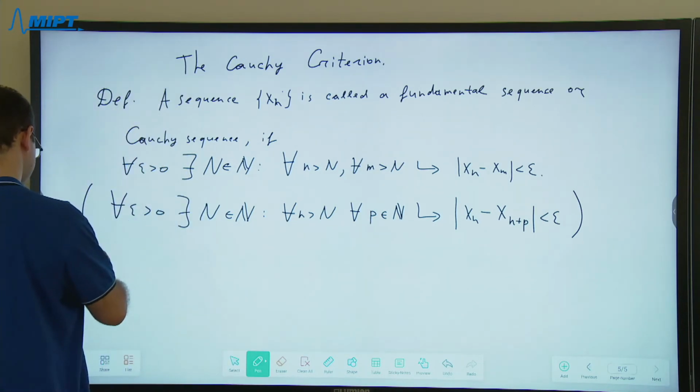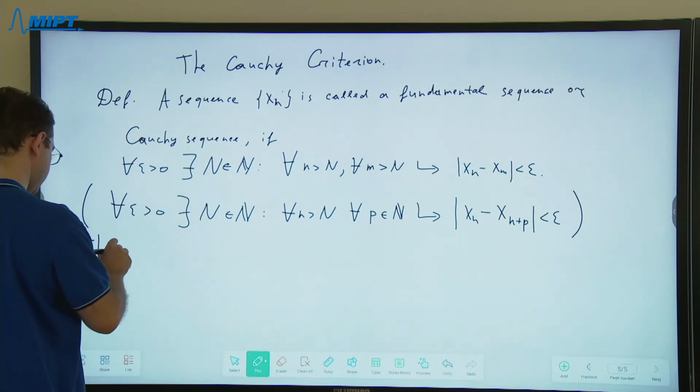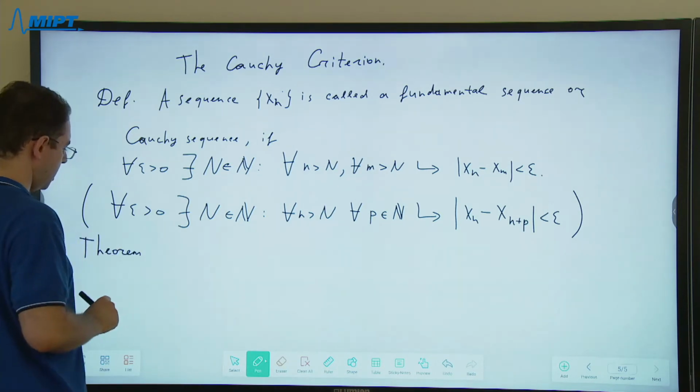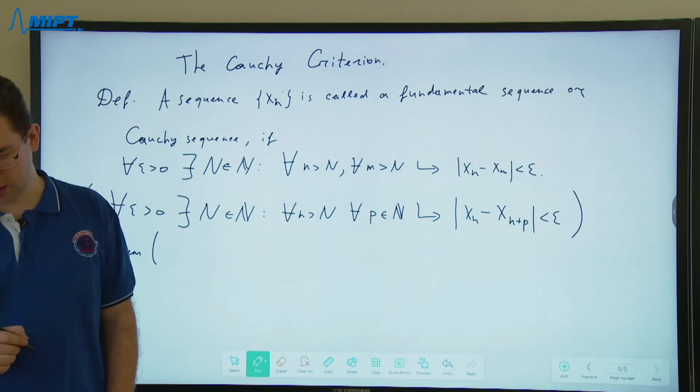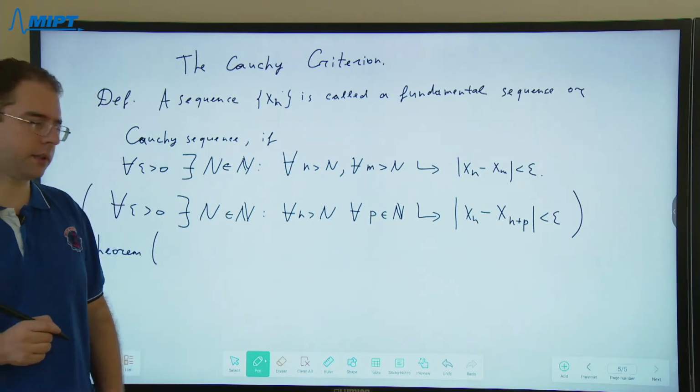Theorem, very important theorem. It's called Cauchy's Convergence Criterion.